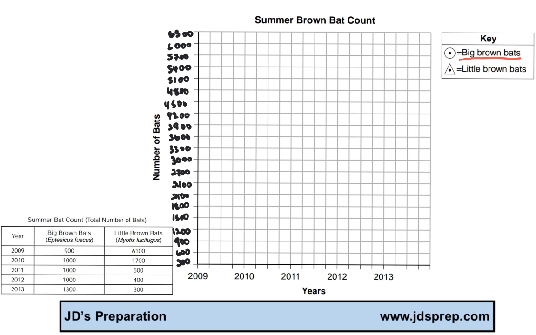So I'm going to use two different colors. For big brown bats, we're going to plot 900 at 2009, 1000 at 2010, which should be approximately over here, 1000 for 2011, 1000 for 2012, and actually this should be here, and 1,300 at 2013.